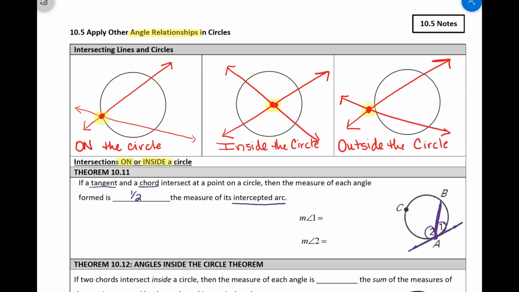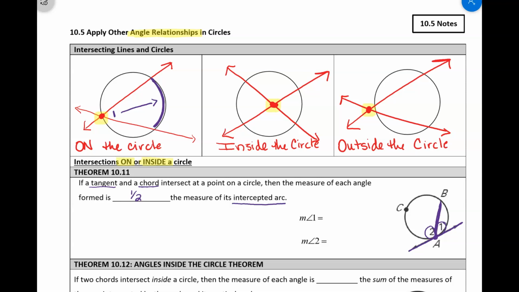Now this one we've actually kind of already done, because if you will look back up here, we had an inscribed angle and an intercepted arc. So here's angle 1. Remember, we look opposite, and 1 was half of that. That's basically what's going on here.